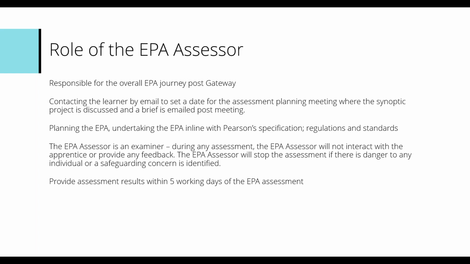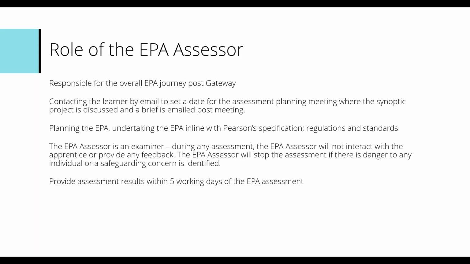Once that's been undertaken, that project would then be uploaded directly into ACE by the training provider, and the assessor will be notified that that's there, and they can then look to start marking that ahead of the final EPA assessment date.